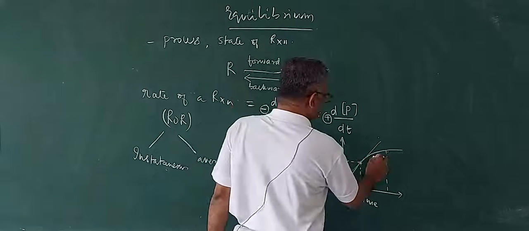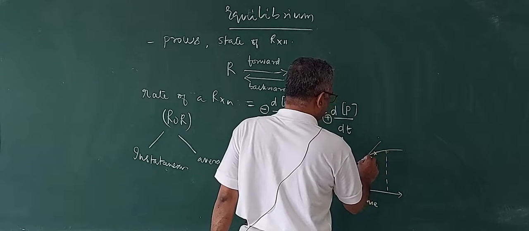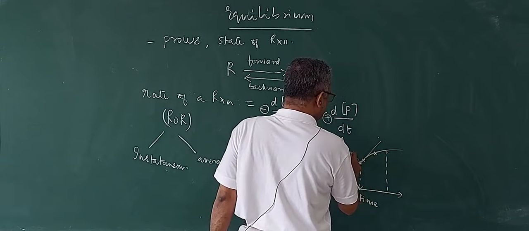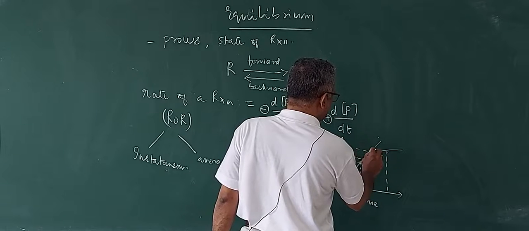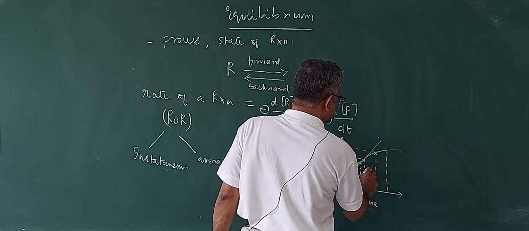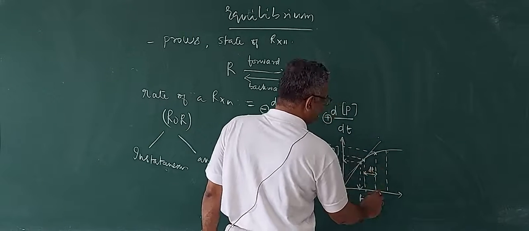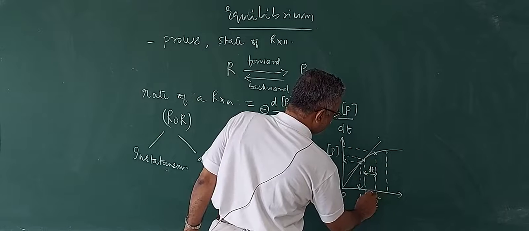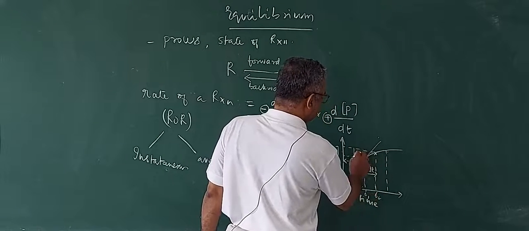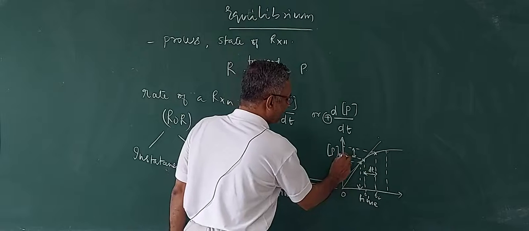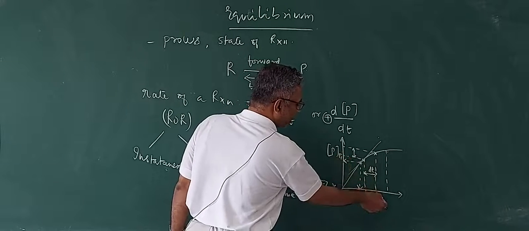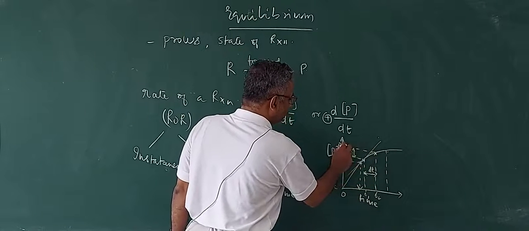Now, instead, if you take 2 points on the graph like this, and correlate them to the x-axis like this, this distance will be dt, the change in time. So, that will be T2 minus T1. Similarly, this will be the change in the concentration of the product. T1 will have P1, T2 will have P2.